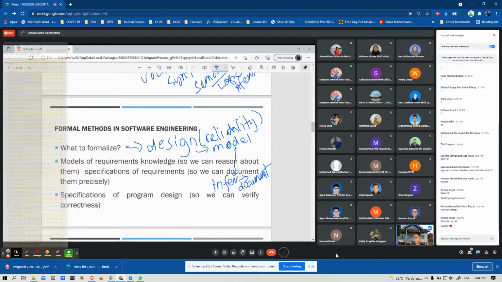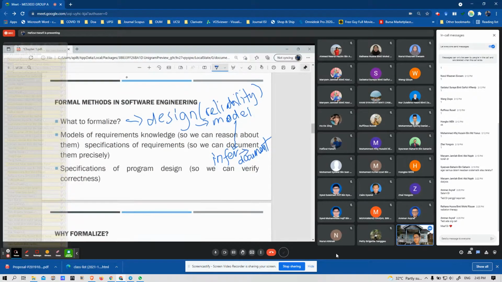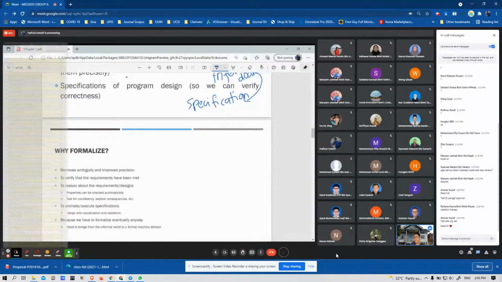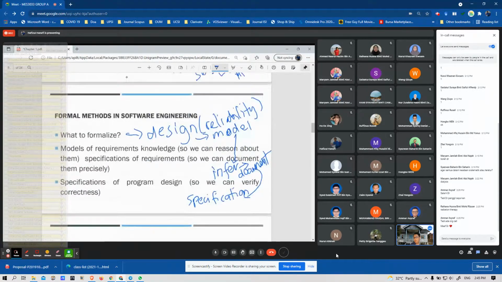After that we can write the specification of the program design so we can verify the correctness. After we document, we can verify the specification. So what to formalize?